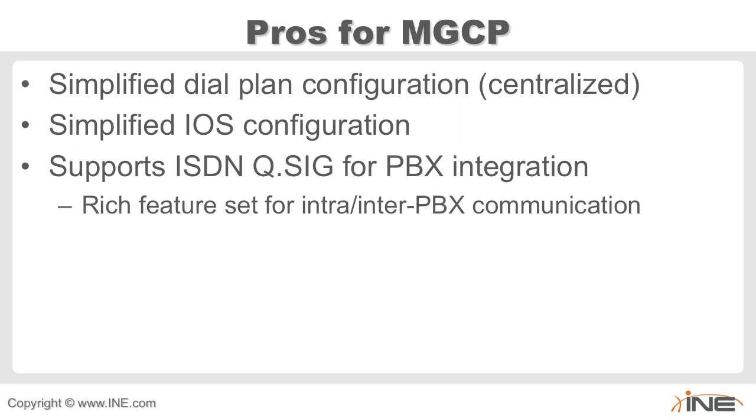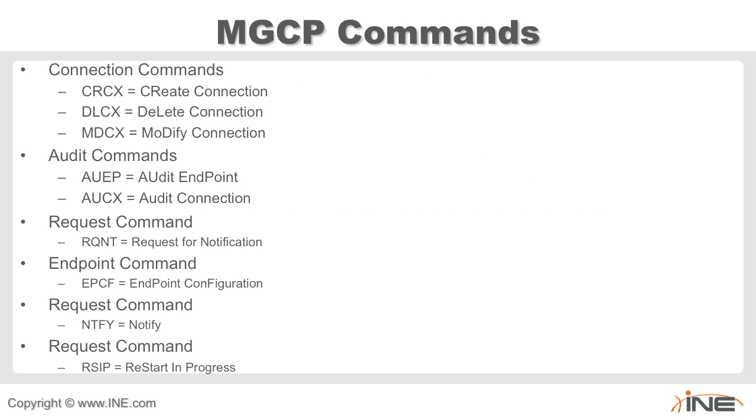The call flow. So I've broken them down into the sections. There's connection commands, audit commands, request command, an endpoint command, a notify command, and the restart command. So connection commands, this is how they appear, is CRCX.